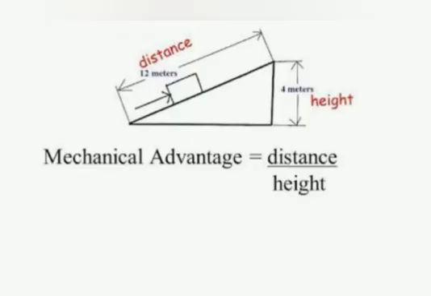The mechanical advantage of an inclined plane is the slope of the incline divided by the vertical rise. Or we can say the mechanical advantage of an inclined plane is the ratio of the length of the plank, the inclined surface, to the vertical height of the load raised. So the mechanical advantage of an inclined plane is greater than 1.